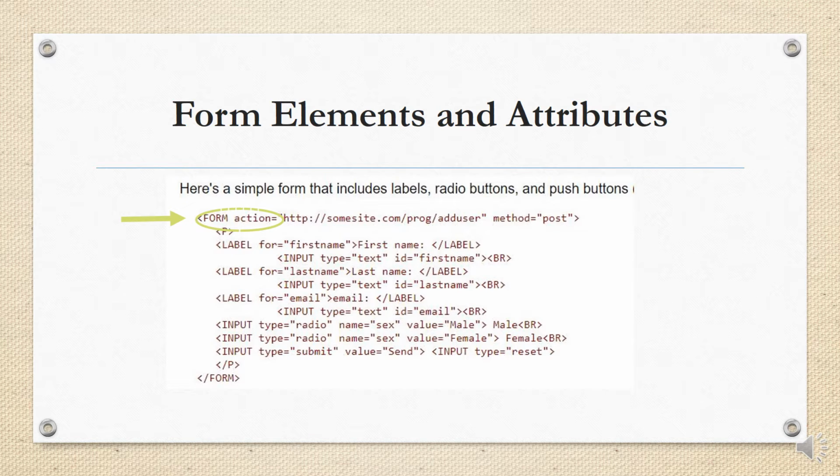This form begins with a form tag and it ends with a form tag. That's basic. So this simple form that we have here includes labels and radio buttons and push buttons, and it looks easy and short.